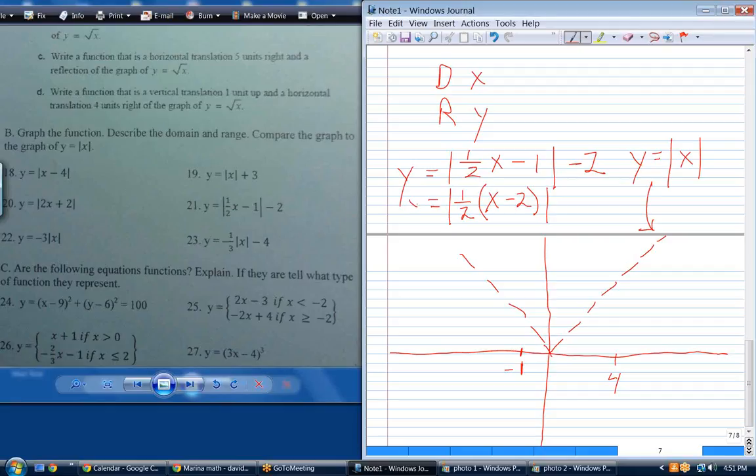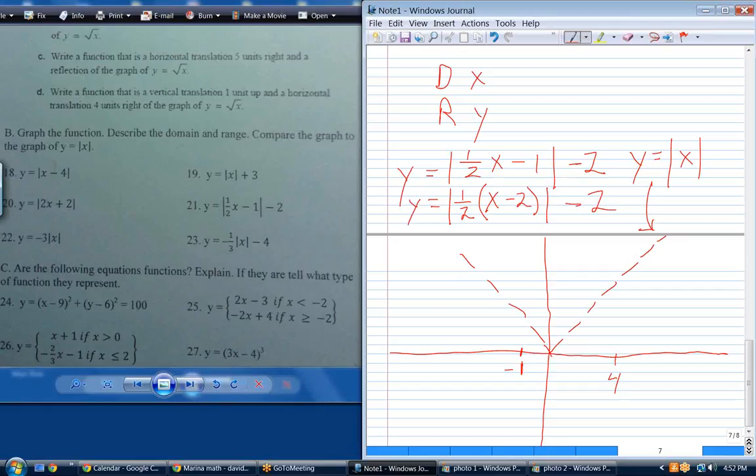In fact, this is a better explanation than factoring that 1/2 outside the absolute value, because it's not clear at this stage of algebra that you can factor numbers outside of the absolute value. They probably have not taught you that. But I don't need to do it. I merely need to get it out from in front of the x, like I've done. I've factored out that 1/2. And now notice that if I were to distribute it, I would get 1/2 x minus 1. So I haven't changed it. I still have this minus 2 sitting out there.